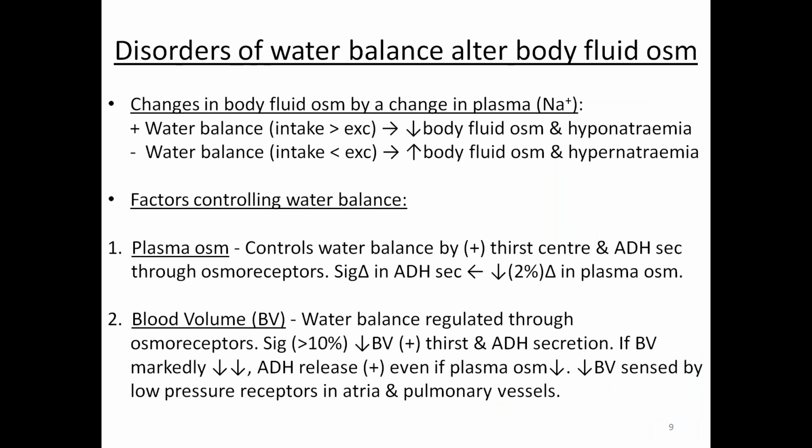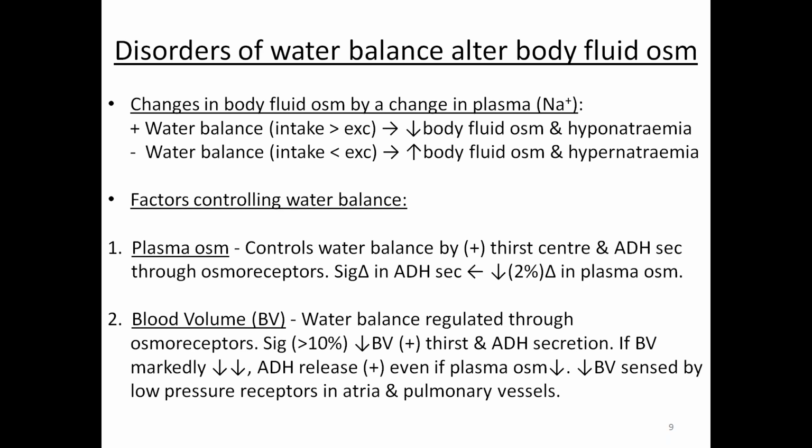Then let's learn about the disorders of water balance, which alter body fluid osmolality. The changes in body fluid osmolality usually occur due to change in plasma sodium. In that case, you have a positive water balance.